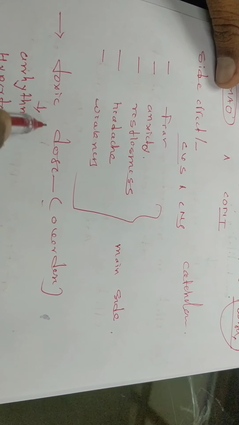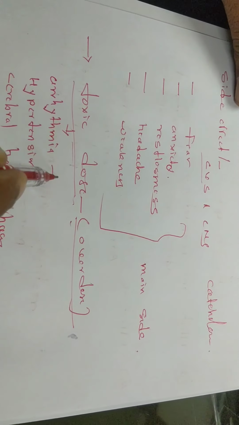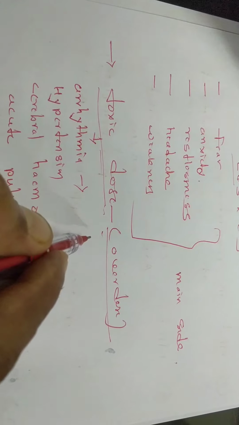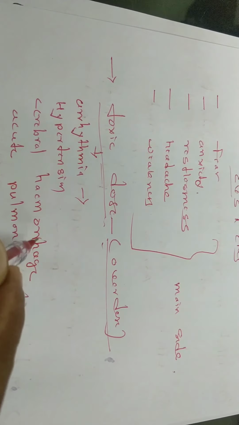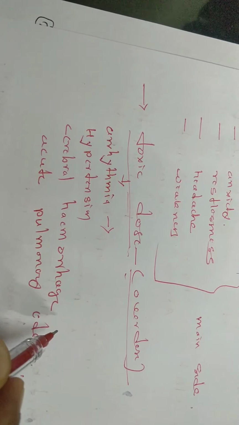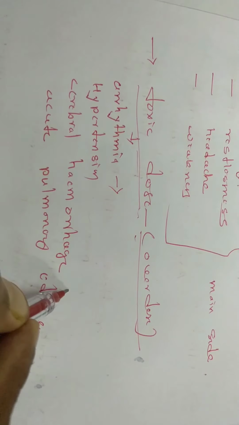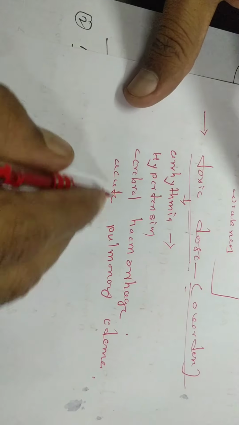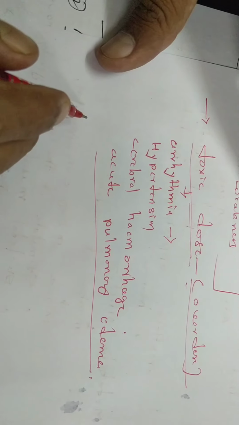And their toxic dose, that is overdose, causes arrhythmia, the rhythm of heart should be changed. Hypertension, blood pressure rises. Cerebral hemorrhage, brain hemorrhage, blood vessel burst in the brain and blood clot found in the brain. And acute pulmonary edema in the pulmonary arteries.